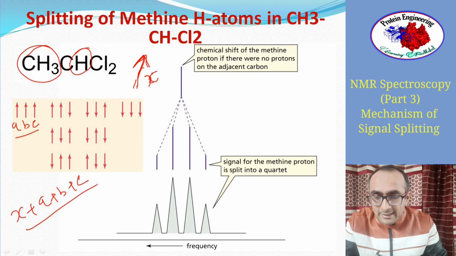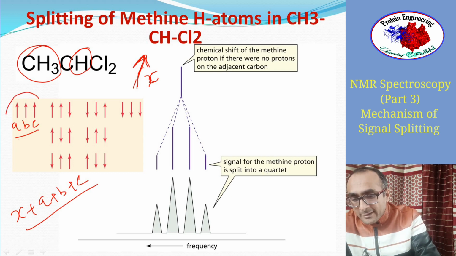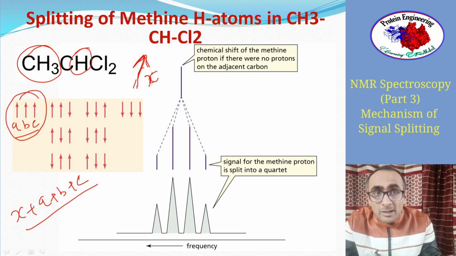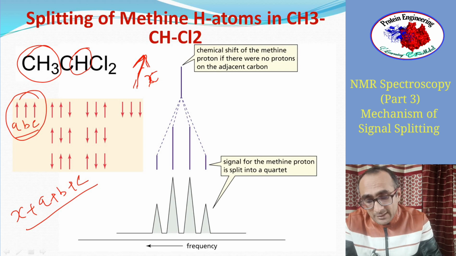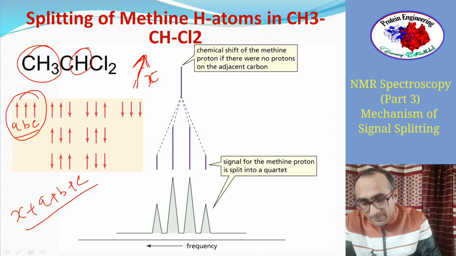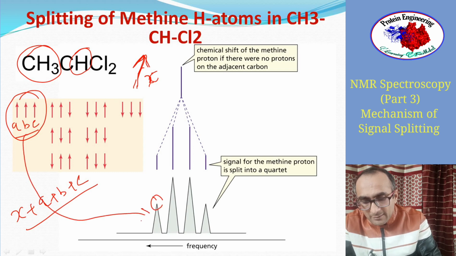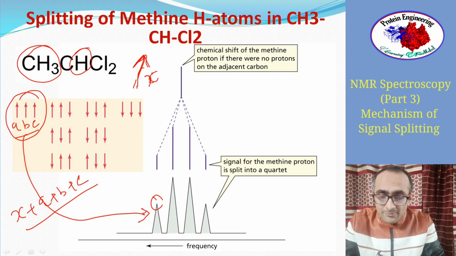So when it's aligned in the same direction, due to the extra magnetic field felt by the CH proton, you will get a peak which is slightly downfield, means it will absorb slightly higher frequency in order to resonate, and the peak is this one. So this is the situation when the CH proton feels the maximum magnetic field.